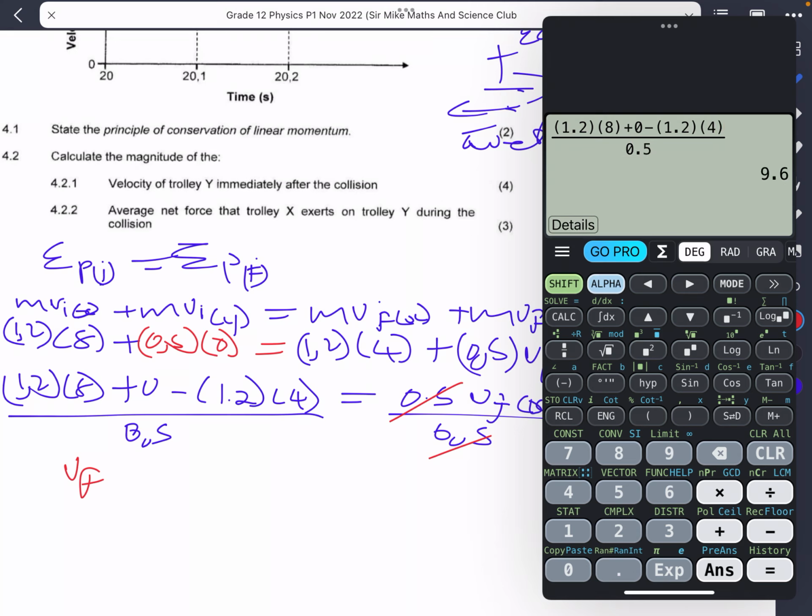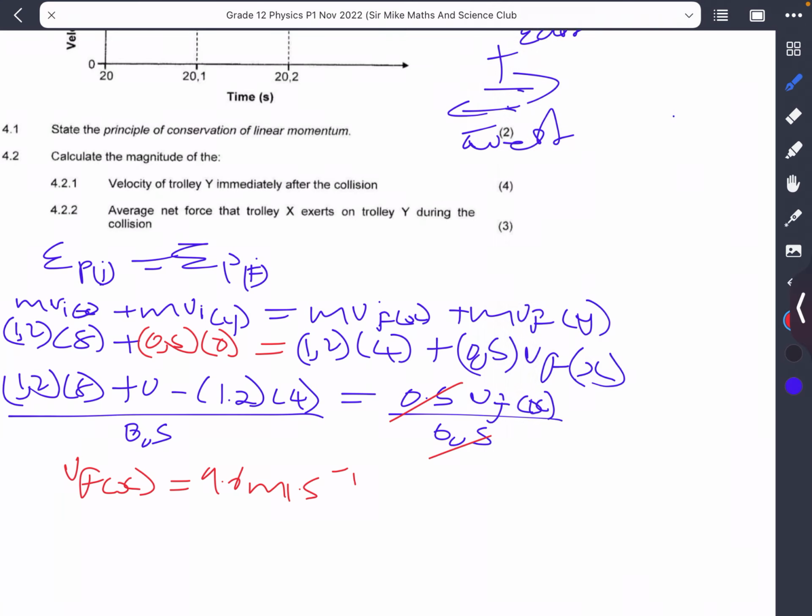So the velocity of that trolley is actually 9.6. So VF would be 9.6 meters per second, which would be the SI units for velocity. What you need to note here is that they actually asked for the magnitude, so we're not going to concern ourselves about the direction of that velocity.